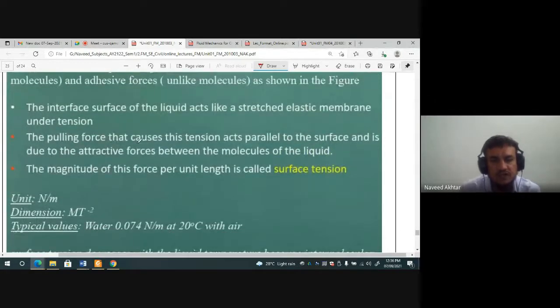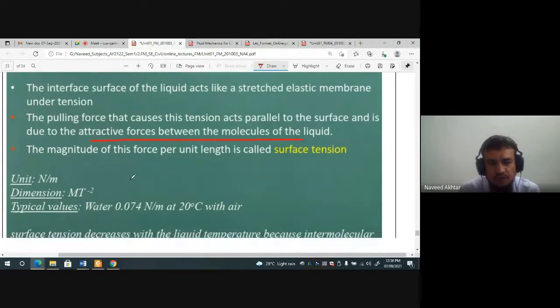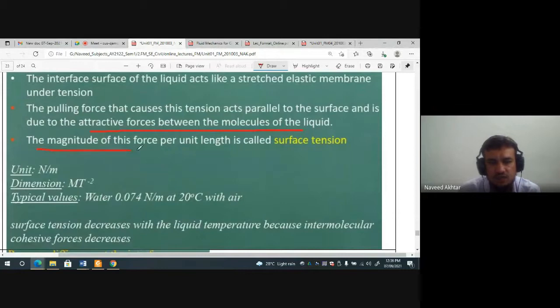The pulling force that causes this tension acts parallel to the surface and is due to the attractive force between the molecules of the liquid. The magnitude of this force per unit length is called surface tension. So the magnitude of that force per unit length is called surface tension.